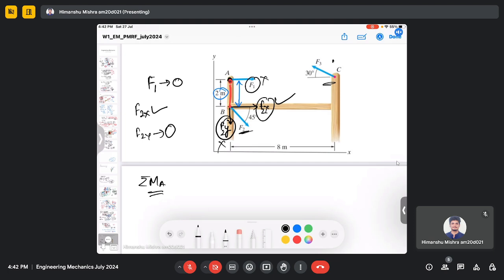Now again, we can find the components of force F3: this is F3y, and here we have F3x.